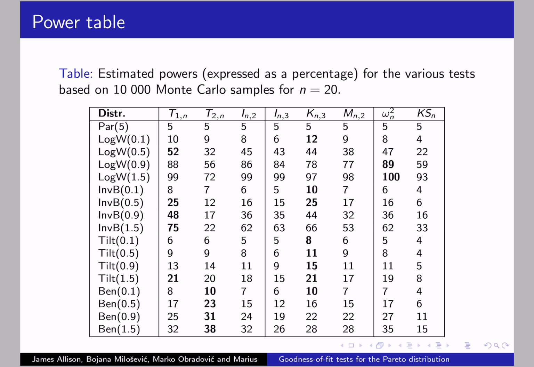Just a side note, the highest powers for each alternative are highlighted in bold. What's interesting to note from this table is that the new Kolmogorov-Smirnov test outperforms the integral type test for these alternatives, where actually the opposite happened when we considered the Bahadur efficiencies.